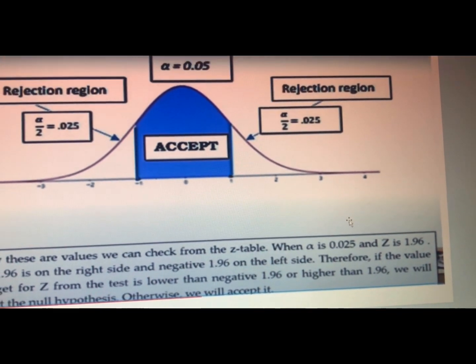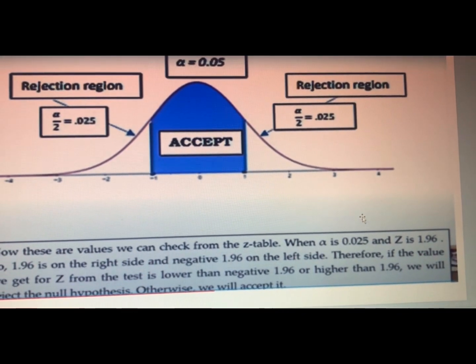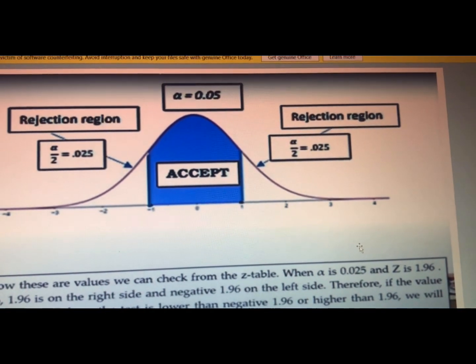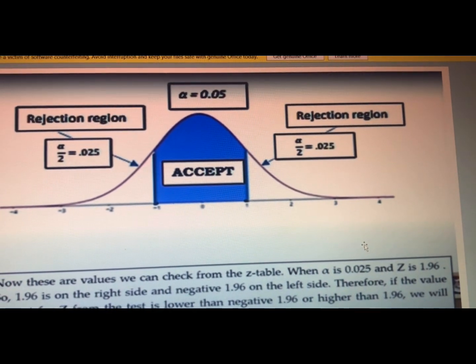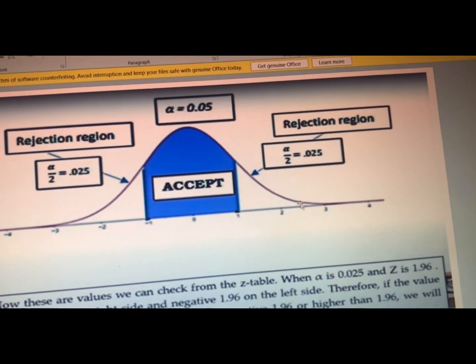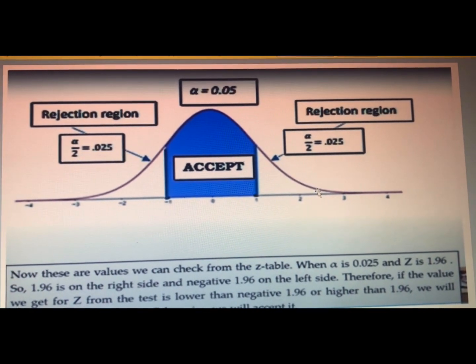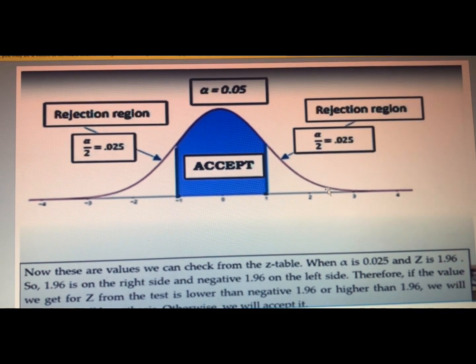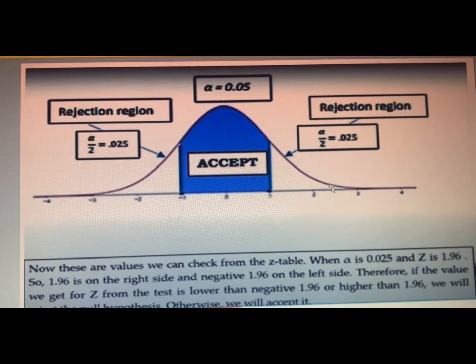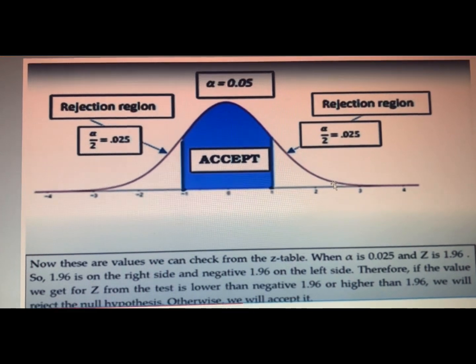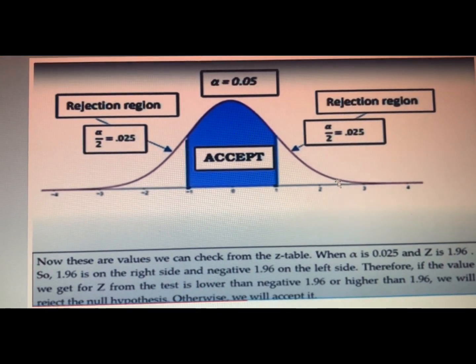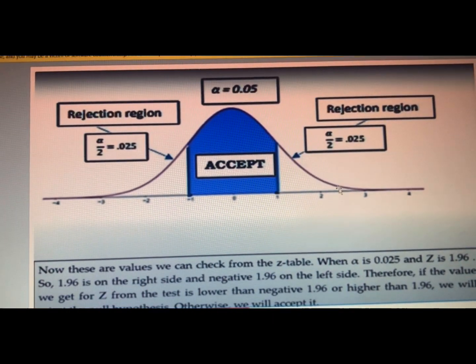When alpha is 0.025 and Z is 1.96, so 1.96 is on the right side and negative 1.96 on the left side. Therefore, if the value we get for Z from the test is lower than negative 1.96 or higher than 1.96, we will reject the null hypothesis.